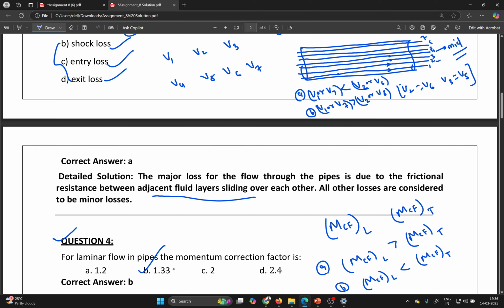The momentum correction factor is 1.33. If the flow is turbulent, then what is the value of the momentum correction factor?